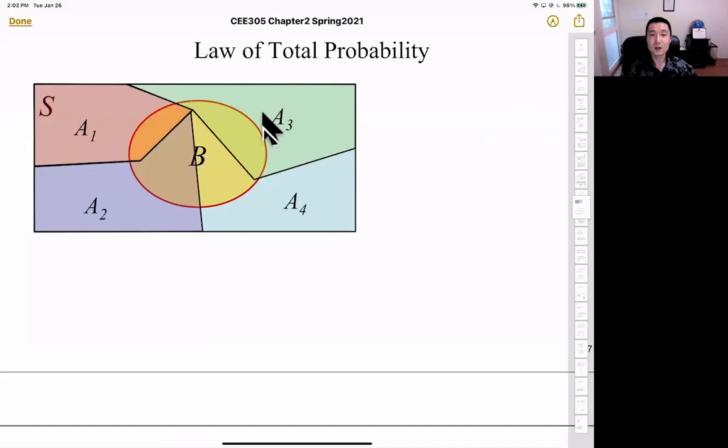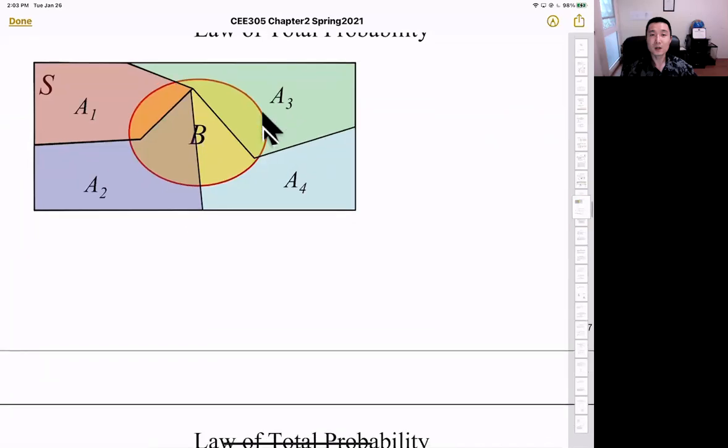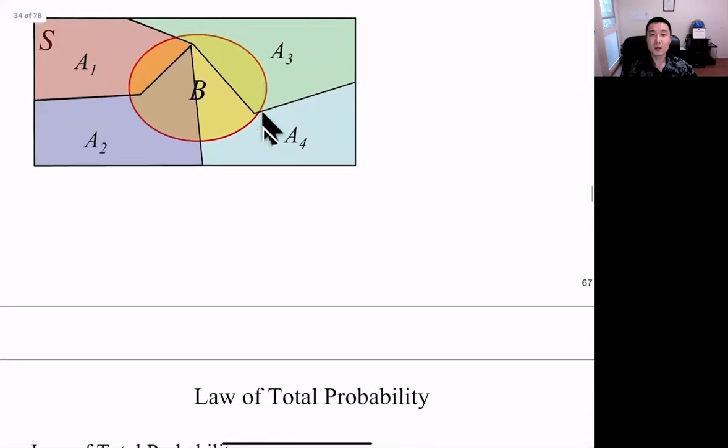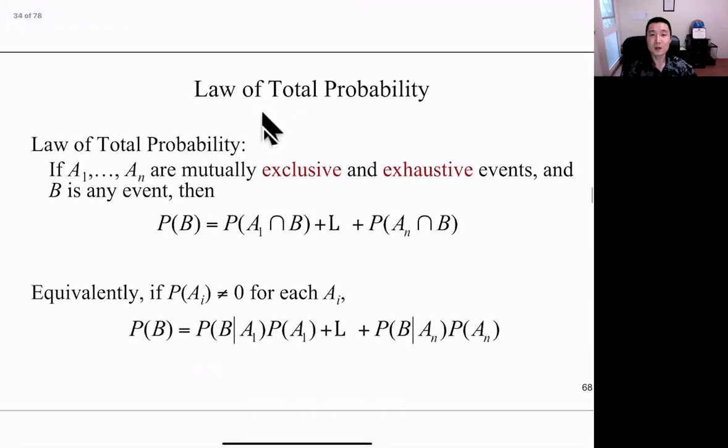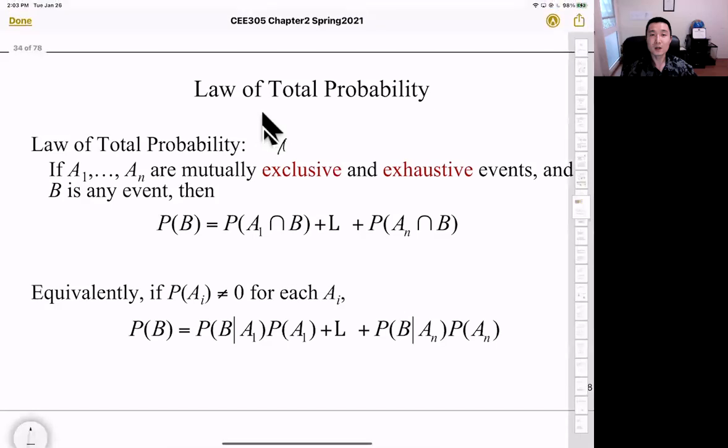Law of total probability. In this case, we have A1, A2, A3, up to AN, and these N cases are mutually exclusive and also exhaustive. Which means A1 and A2 will equal empty space.